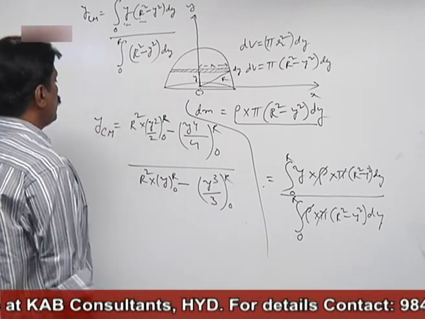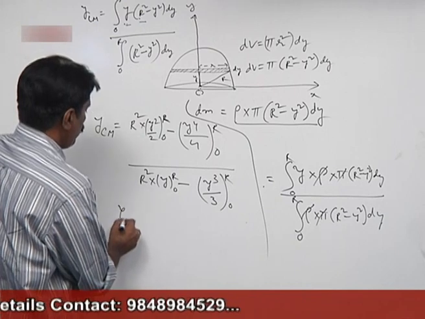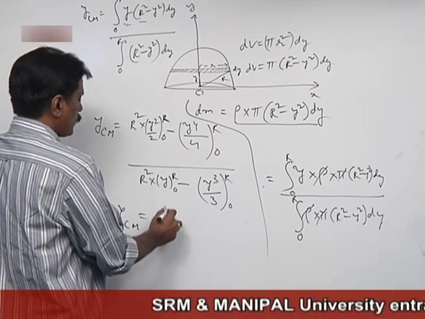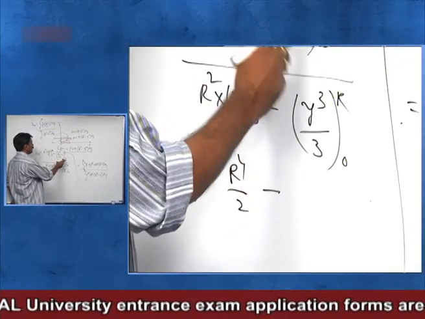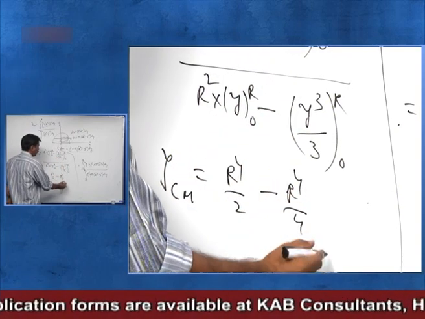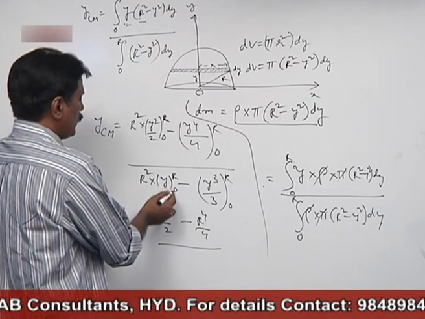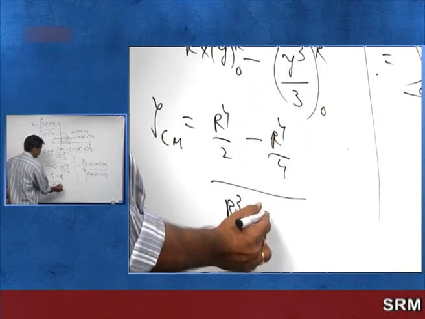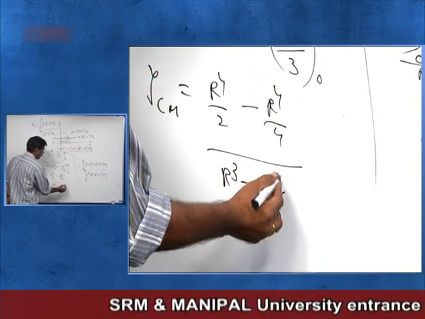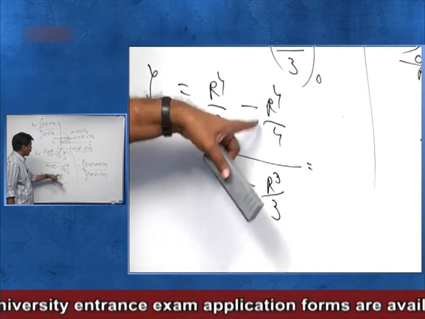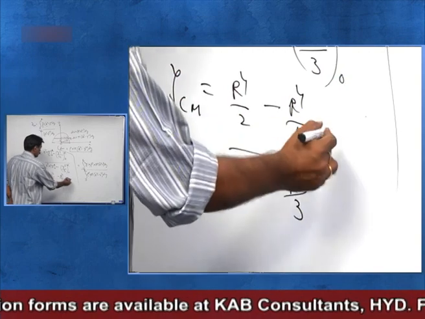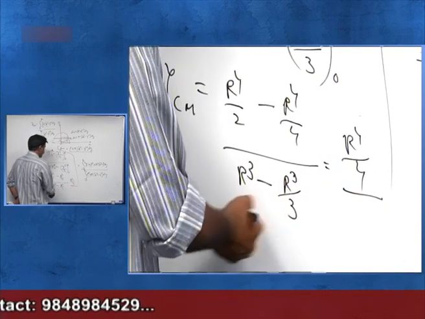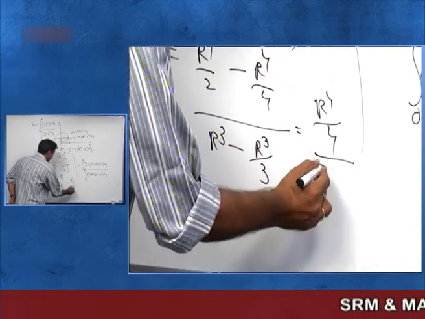Now if you substitute the limits, YCM will be equal to r square into r square, that is r power 4 by 2, minus r power 4 by 4, divided by r cube minus r cube by 3. So we have r power 4 by 2 minus r power 4 by 4, which is r power 4 by 4, divided by 2r cube by 3.